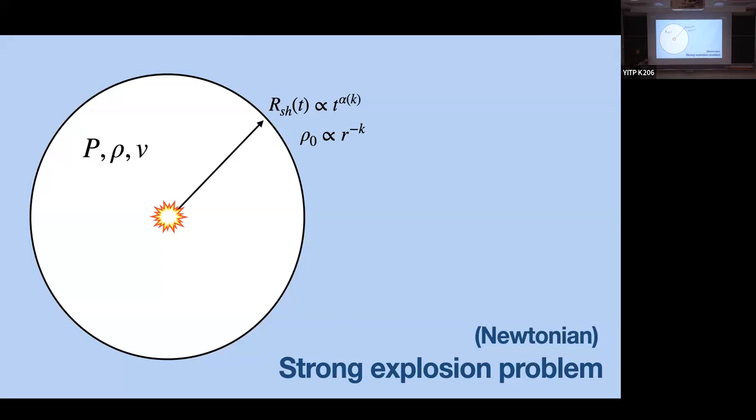The strong explosion problem is just a point explosion that we create at the center. We put in a large amount of energy that creates an explosion and a shock wave, which is this black contour line. This shock wave propagates in a density profile that goes like r to the minus k.